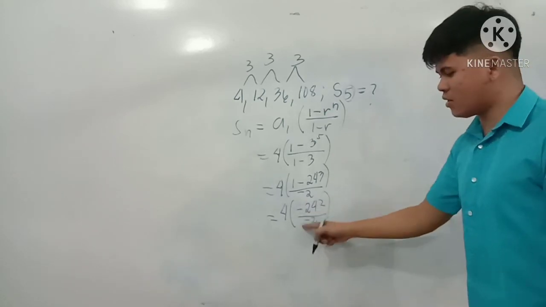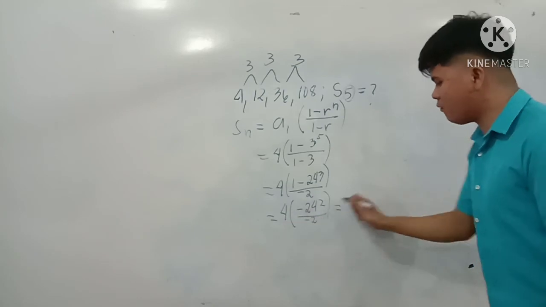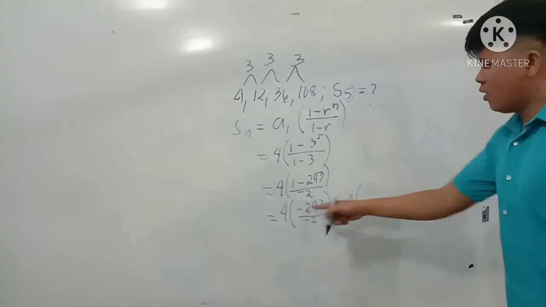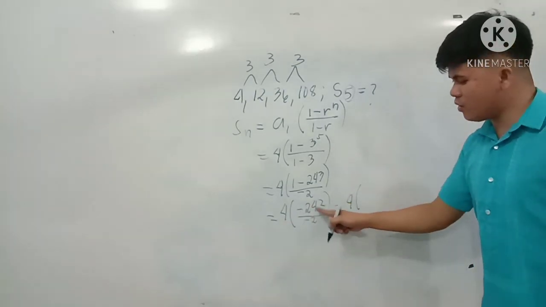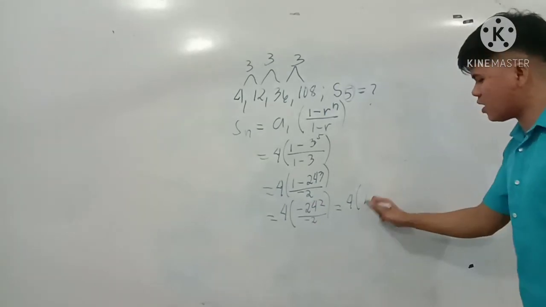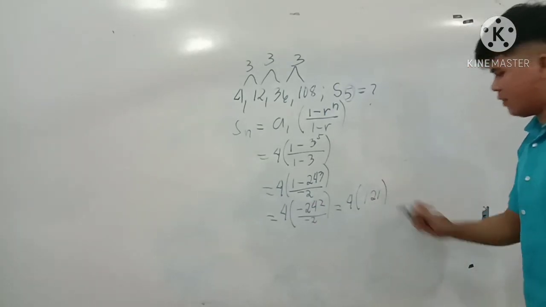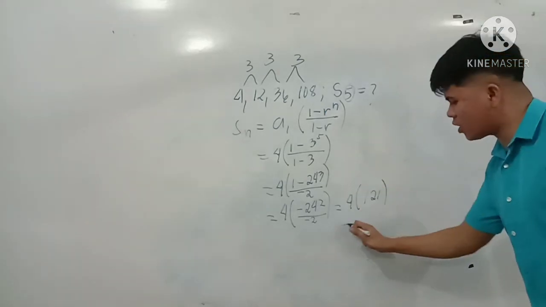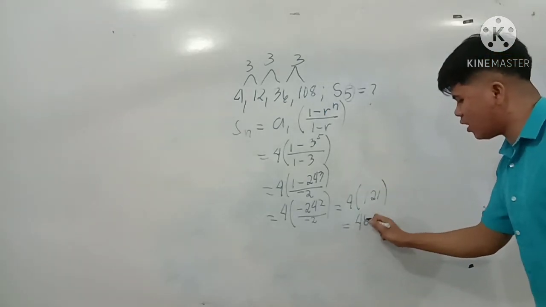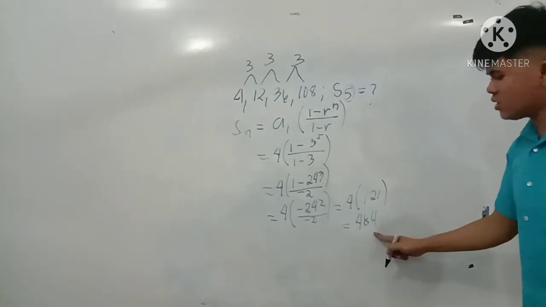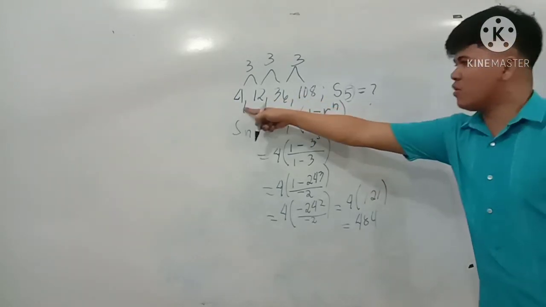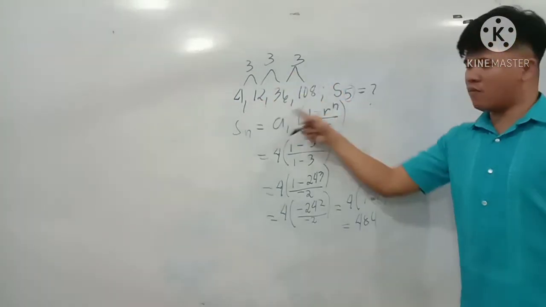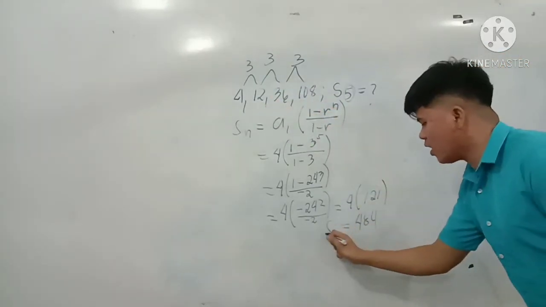Then we simply divide this one. Copy 4. Negative 242 divided by negative 2 will give us positive 121. Then we simply multiply. 121 times 4 will give us 484. Therefore, this is the sum of the first 5 terms of this given sequence. So we have S sub 5.